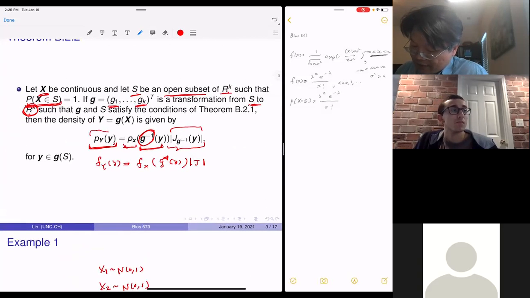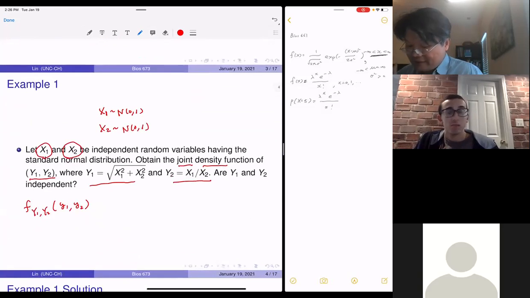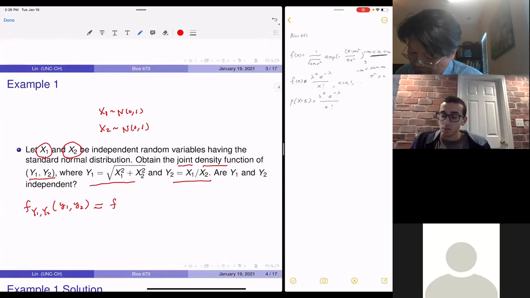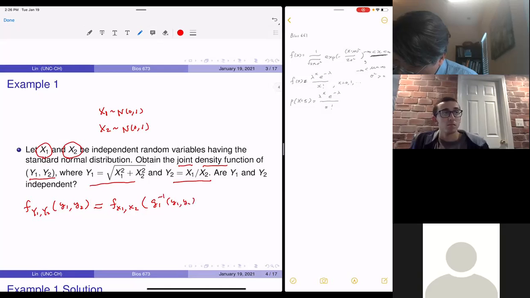By these slides, this guy right here is actually y1, y2's joint PDF. Again, using exactly the same principle, you write the old joint PDF of x1, x2 right here. Then you find the inverse functions, because there are two of them.